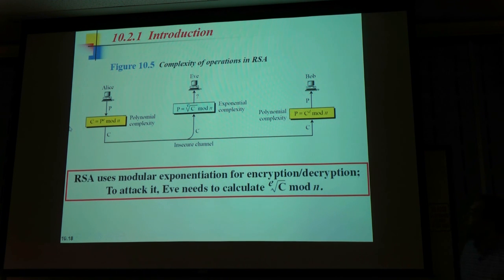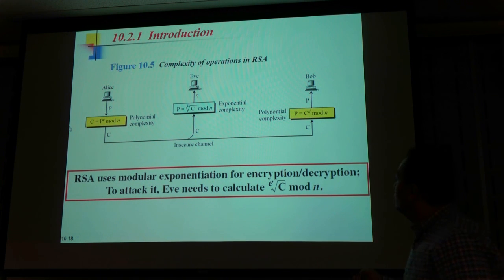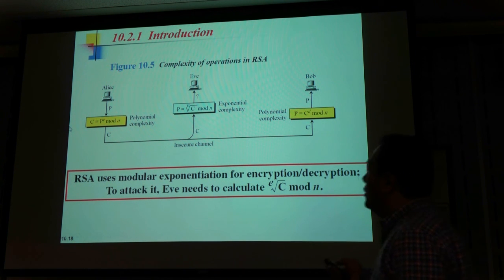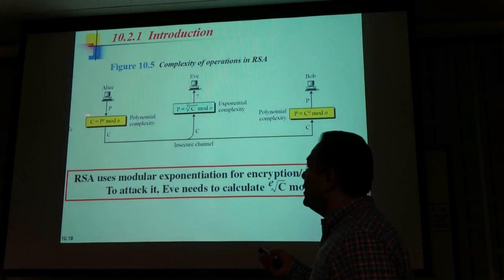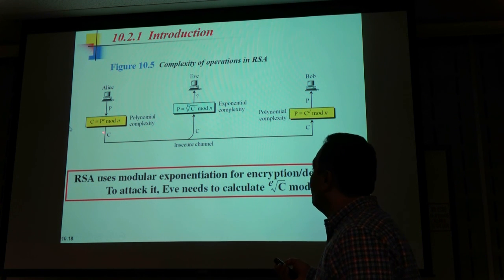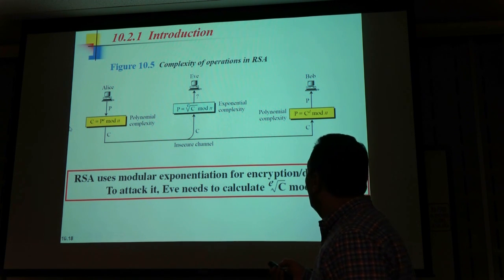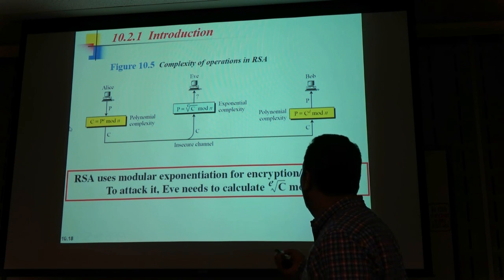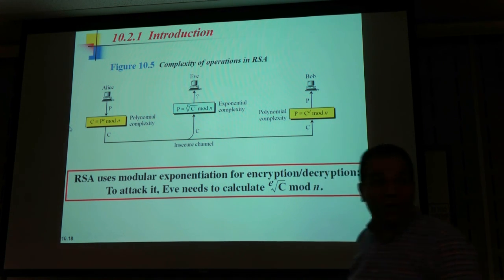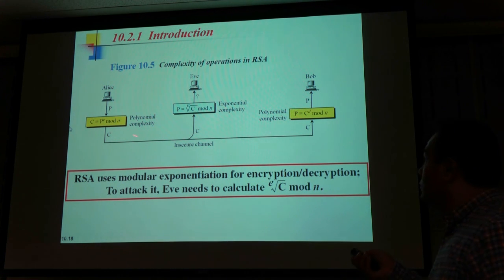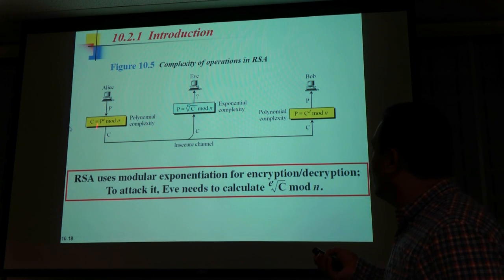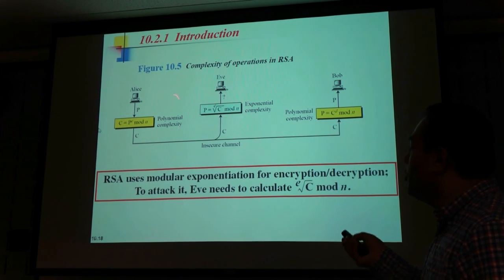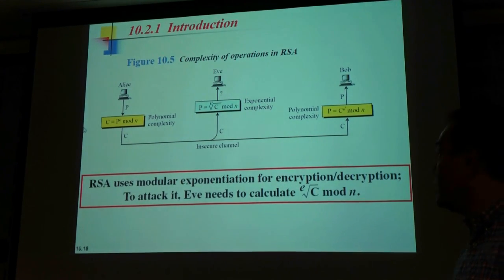So when you look at the complexity of the operation, to create the cipher there are two keys. The first key is the public key, which is E, and the private key, which is D. To create the cipher, C equals P to the power E mod n. This is polynomial complexity, which is easy to calculate.